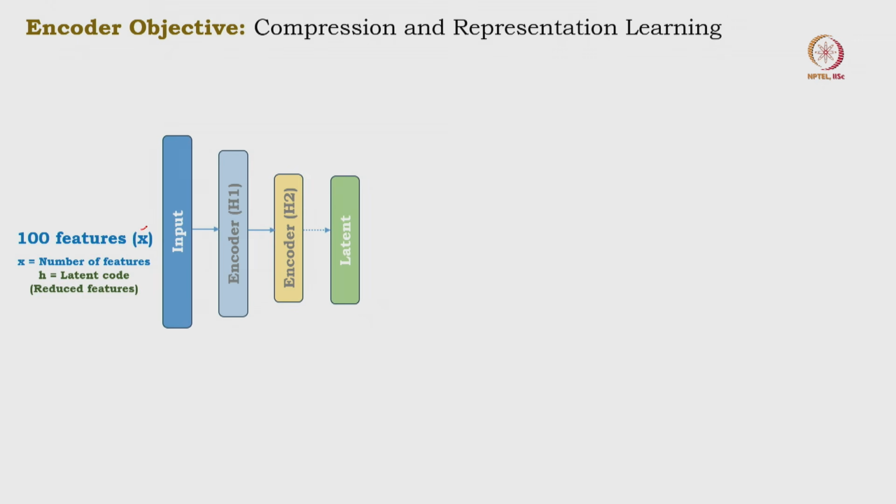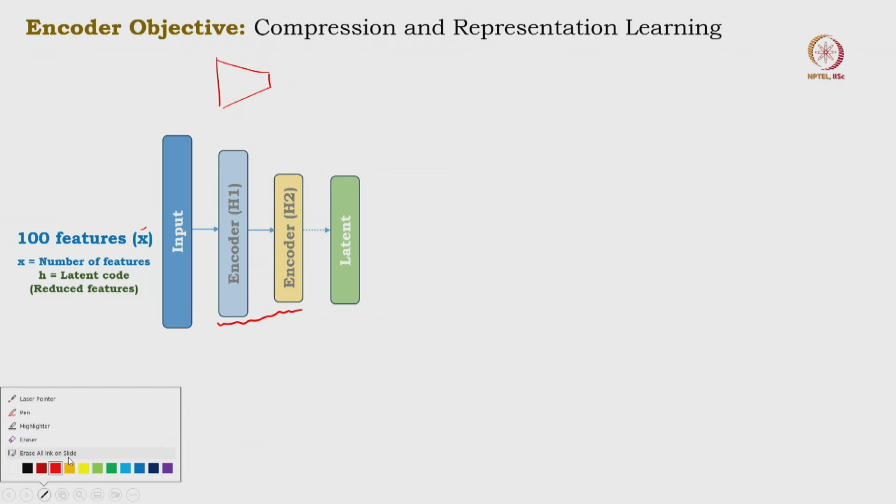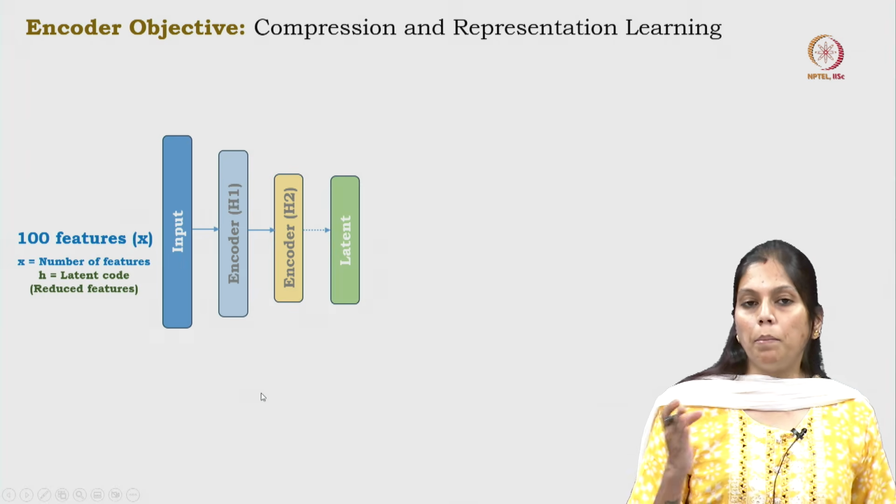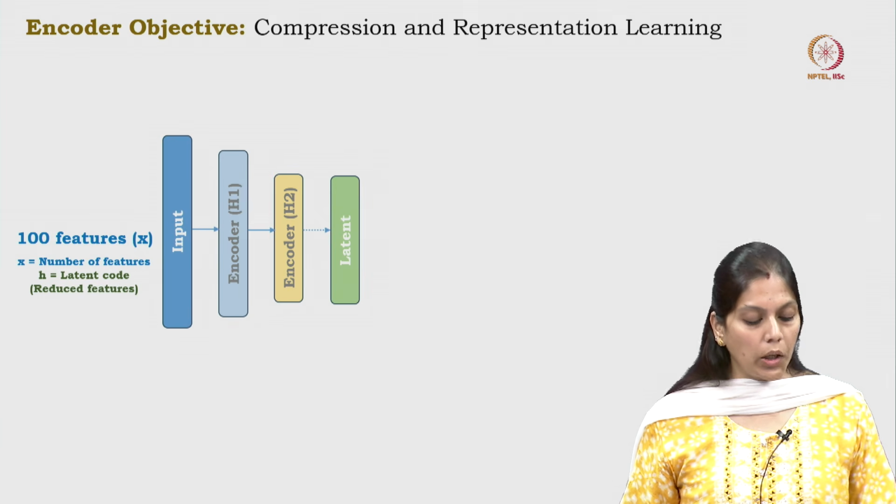Now, this is the encoder architecture. We have seen the encoder some time back. We will have different layers there. So, let us now understand what exactly happens when the input is passed to an encoder.